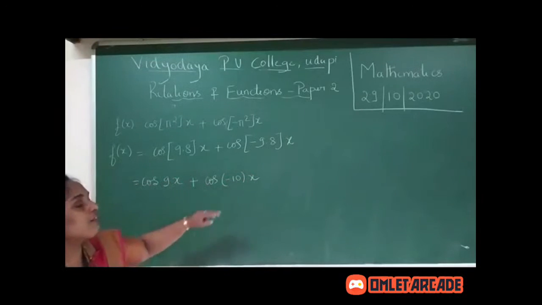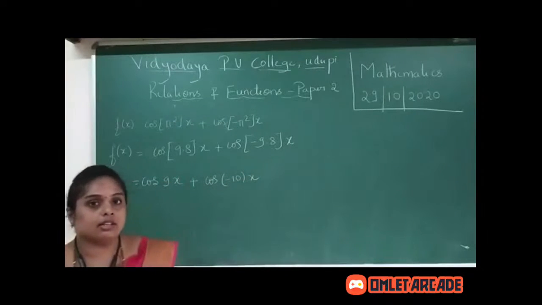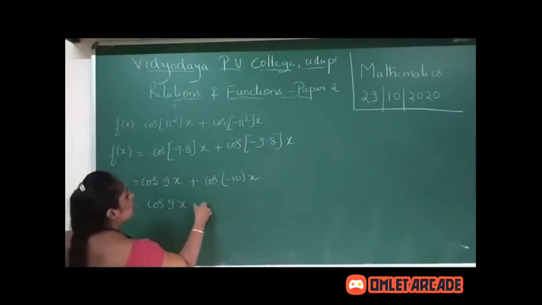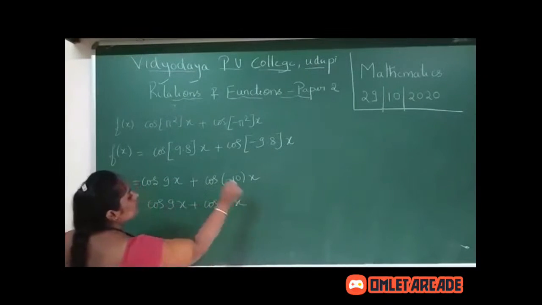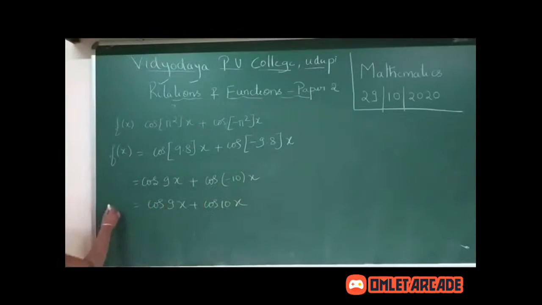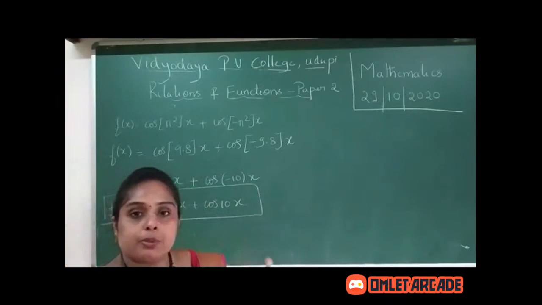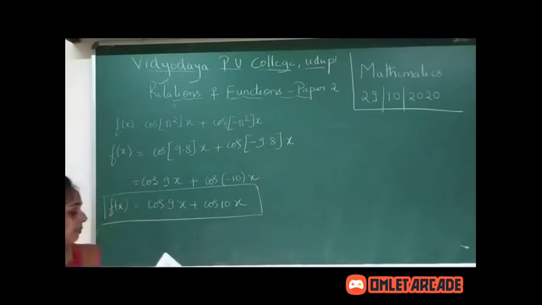And you know cos of minus theta is cos theta. So this will become cos 9x plus cos 10x. And what is this? f of x. First we solve f of x and write it in a simplified form so that we can check which option is correct.